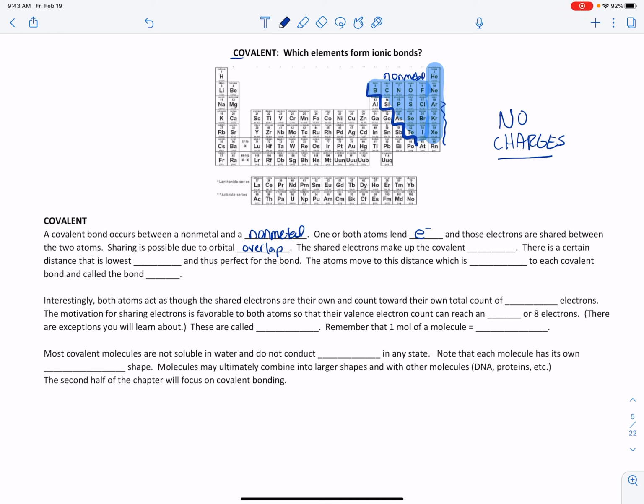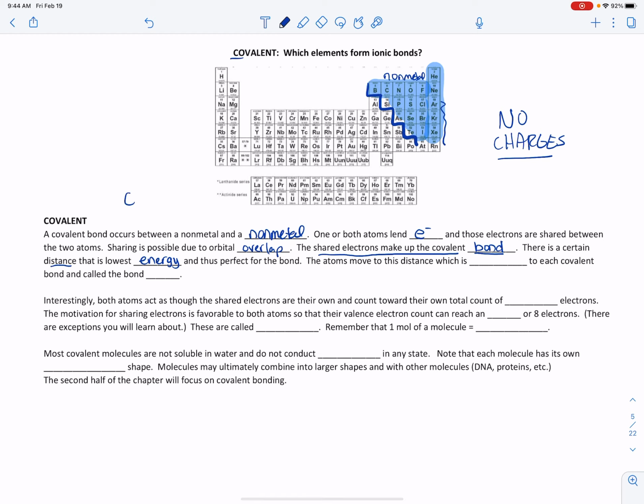So when that happens, and it happens a lot, the shared electrons make up the covalent bond. And we really think of this as a bond, not a positive-negative interaction. There is a certain distance between them that's the lowest energy, and that's what's perfect for the bond. This distance is unique to every atom.